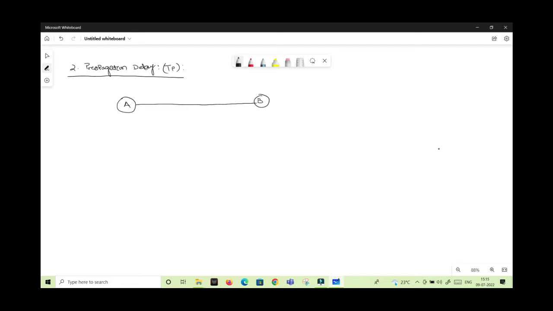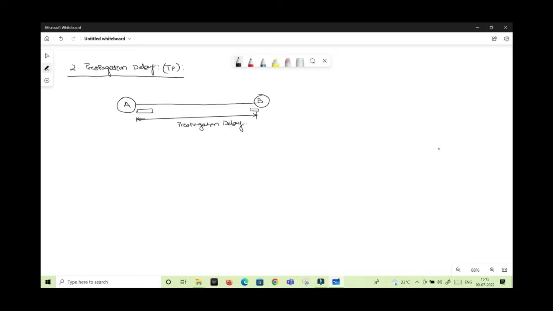Now this packet is at the transmission medium. We call the amount of time this packet needs to physically move from sender A to receiver B the propagation delay. This is called propagation delay.